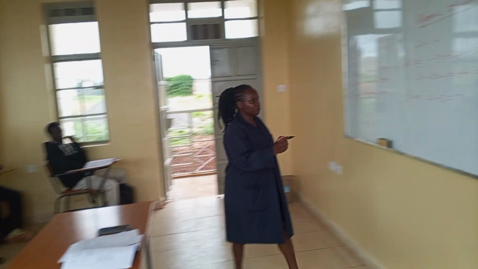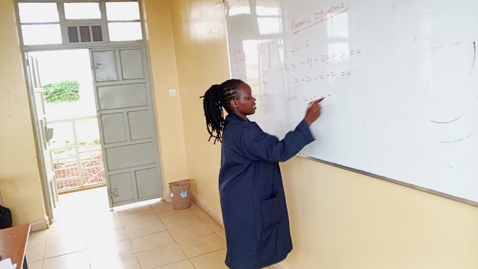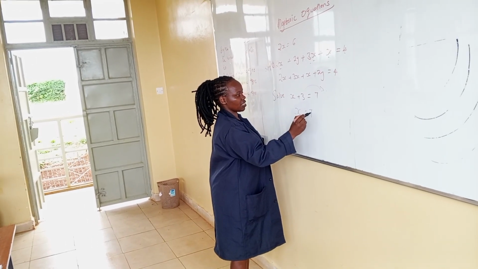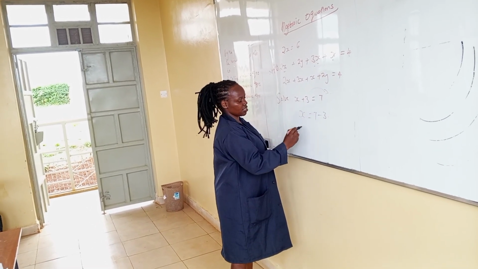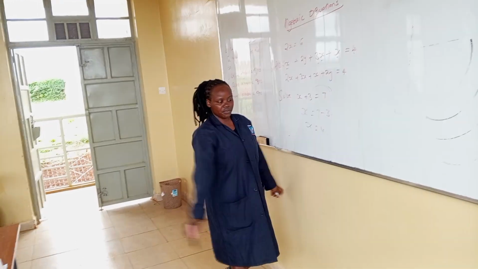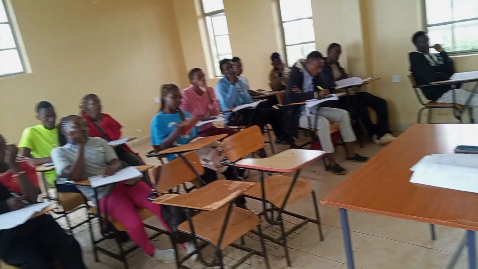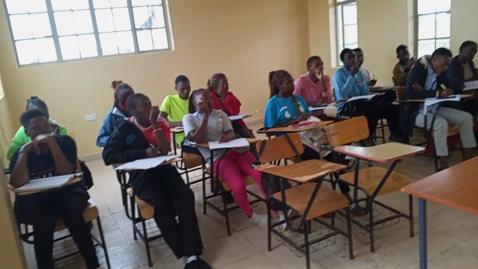Because you have to move this on the other side, so you have x is equal to 7 minus 3. So x is equal to 4. Just solving simple equations.